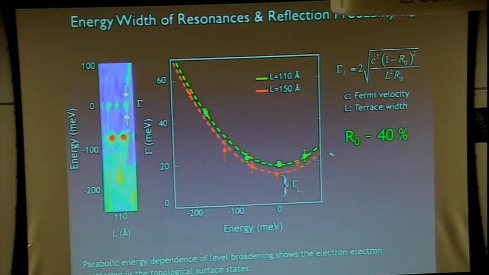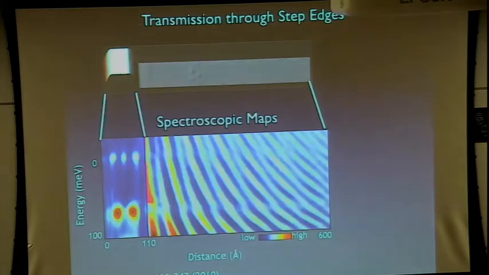It gives you a way to measure how much the electrons are getting reflected inside your resonator. That's all you're doing. So what we found in copper, if you do the same experiment, is that 80% of the electrons are reflected and 20% are lost. And here you have only 40% that are reflected. Now, yes?